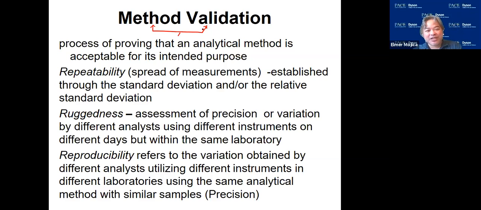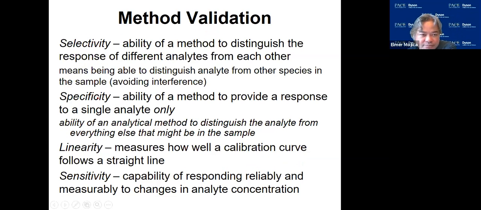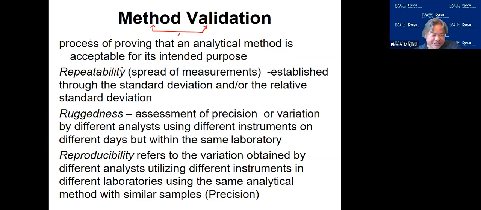But usually, 2 out of 3 students will have results that are close to one another. So in method validation, you're looking at the 3 R's: repeatability, ruggedness, and reproducibility.